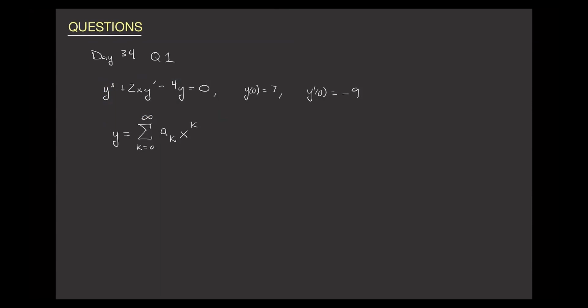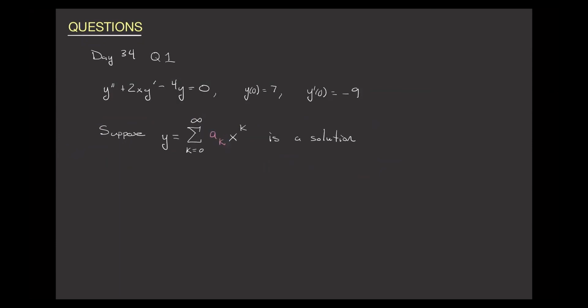Now, once you have this set up, let's suppose this is a solution. All that's left to find, and it's not a small thing, there's still quite a bit of work to do, but in principle, is the a sub k's.